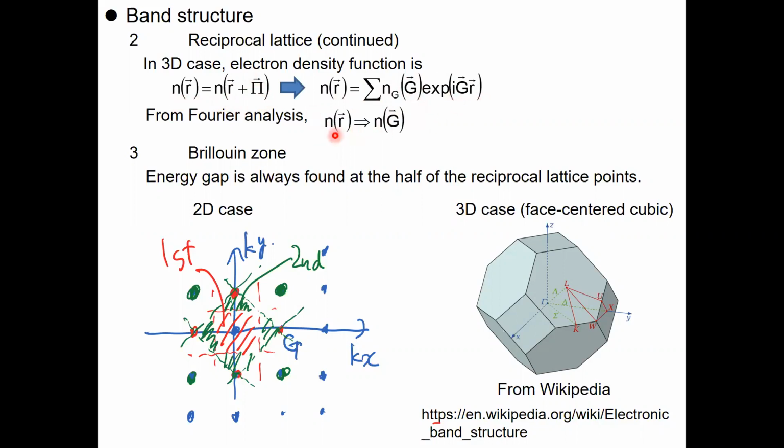From Fourier analysis, you don't have to calculate this yourself; these days a computer can do that. n of r is changed to n of G. And in this space, it's easier to think in K space. It's quite similar to when you think about the equation of motion changed to the frequency domain.